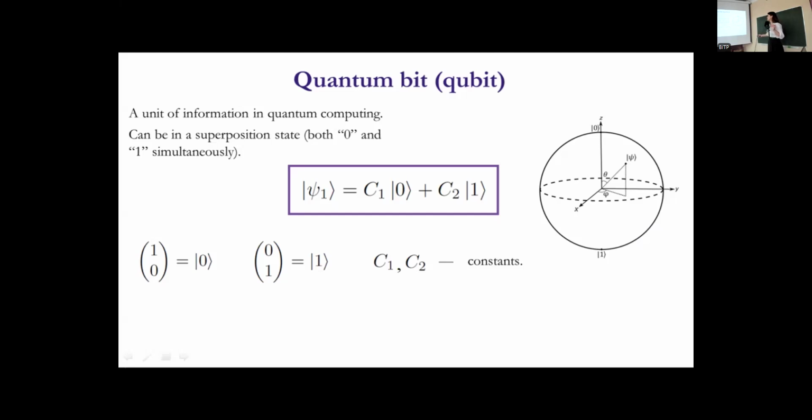These constants are complex constants, and the basis states in quantum programming are eigenstates of the sigma z operator, for which we use the notation 0 and 1, and we have these arrays or vectors, in other words.